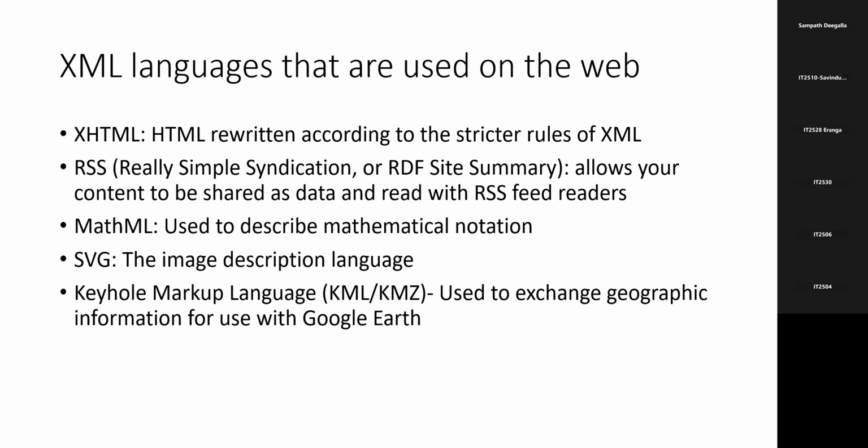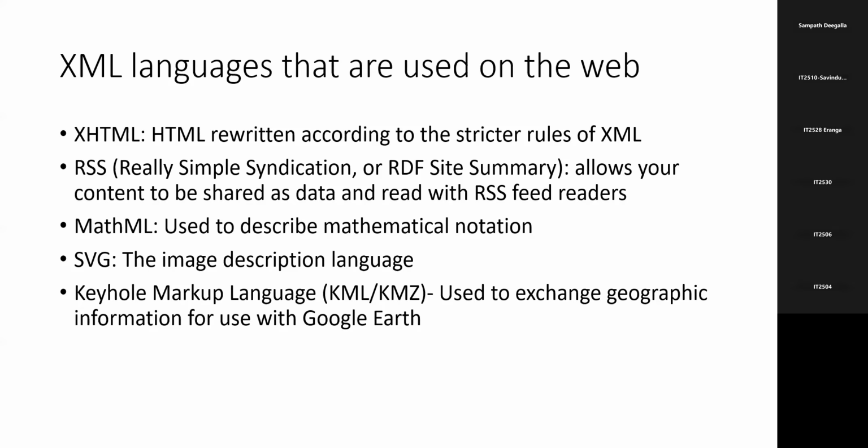Then we have MathML, I'll come to that and show you. For example, when you want to represent mathematics and mathematical notation on the web, MathML is used to describe this. And for images, we have SVG, scalable vector graphics.